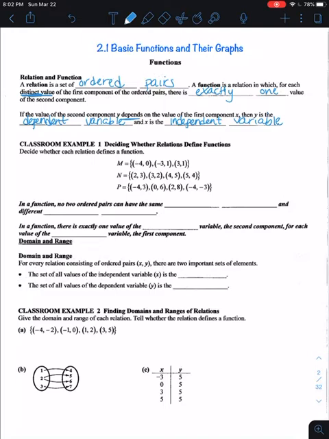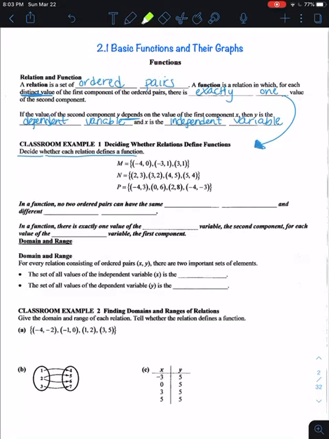All right, so basically we're going to use this example to explain the difference between a relation and a function. So a relation is a set of ordered pairs. If you notice M, N, and P, you have sets of ordered pairs. Now it says decide whether each relation defines a function. So to determine that, you look at your x values.